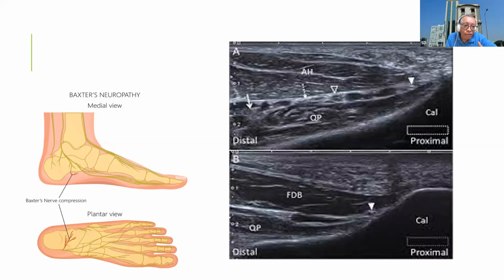I advise all of you, when you are scanning the plantar fascia, always make a habit of looking at Baxter's nerve, so that you get more practice in finding it, whether there is a problem or not. If the plantar fascia is normal, it is mandatory for you to go and check Baxter's nerve under ultrasound.